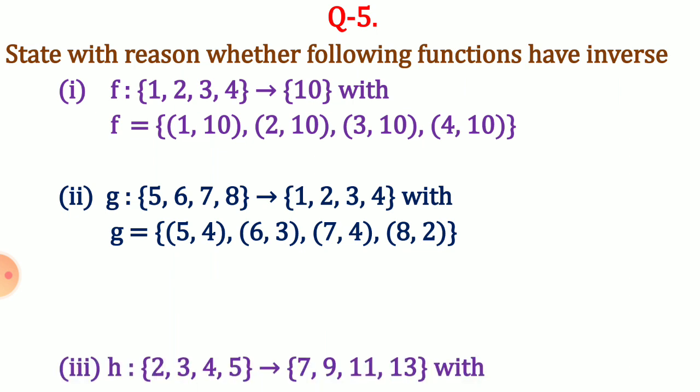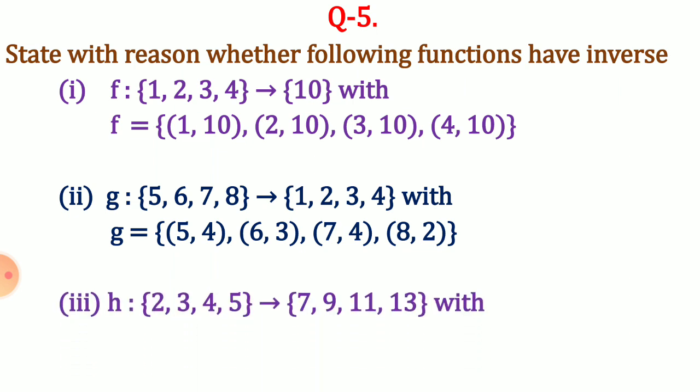Next, the third one. Here function h from the set {2, 3, 4, 5} to the set {7, 9, 11, 13}. The domain of h is {2, 3, 4, 5} and the codomain is {7, 9, 11, 13}.